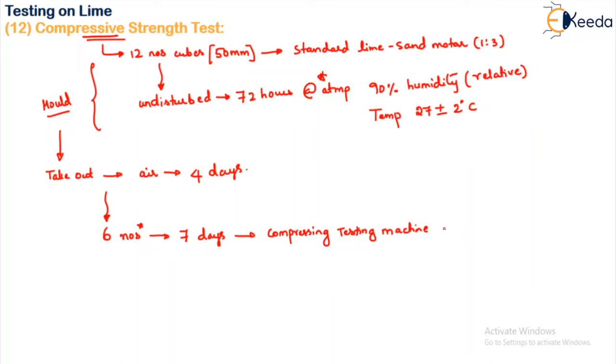So this will give us what? This will give us the 14 days strength, and the remaining 6 should be cured for about 21 days, and again the test is determined. Now this will give us the 28 days strength.